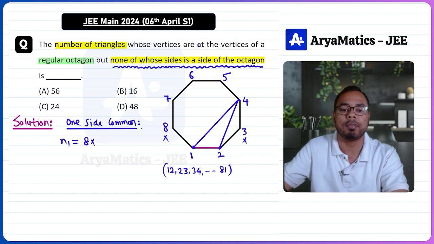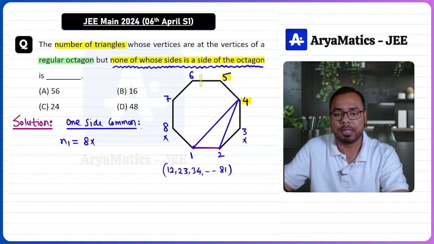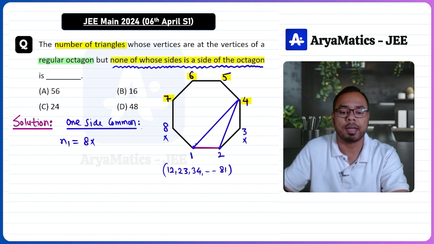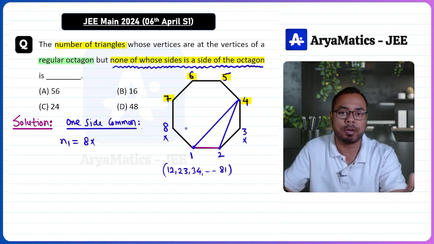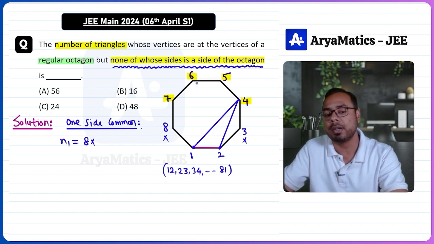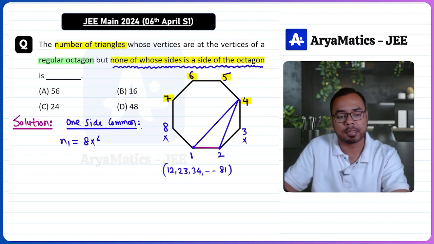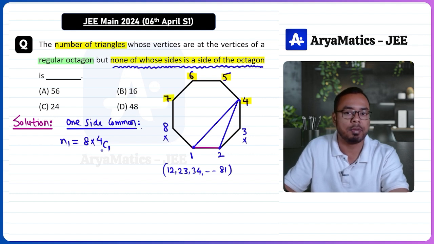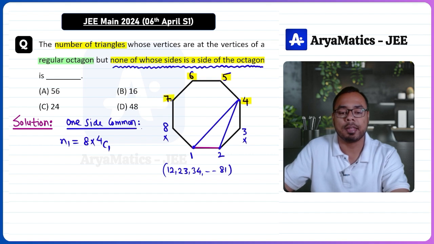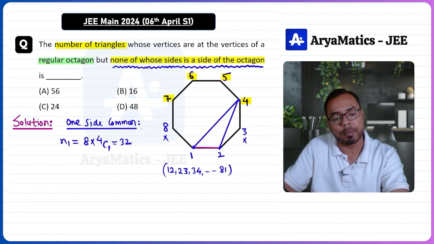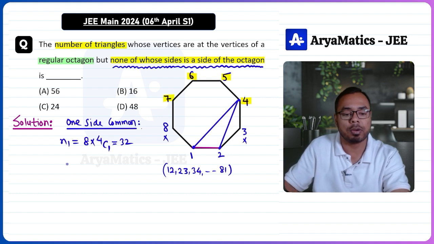So now from the remaining four vertices, in this example, if I have selected 1, 2, then 3 and 8 we cannot select because we need only one side common. So from these four vertices, select any one vertex. So 8 into 4C1. 8 is the number of ways of selecting two consecutive vertices, and then 4C1 is the number of ways of selecting any one from these four vertices. So this will be 32. So in total there are 32 triangles which will have one side in common.